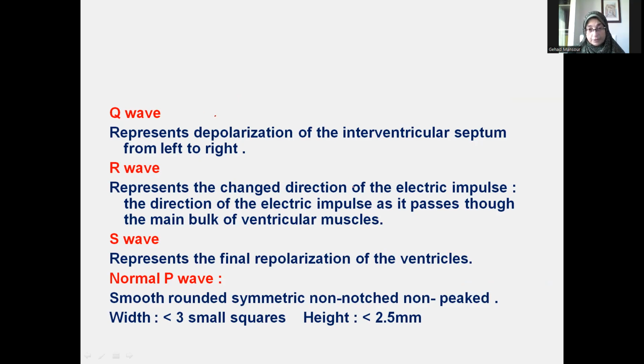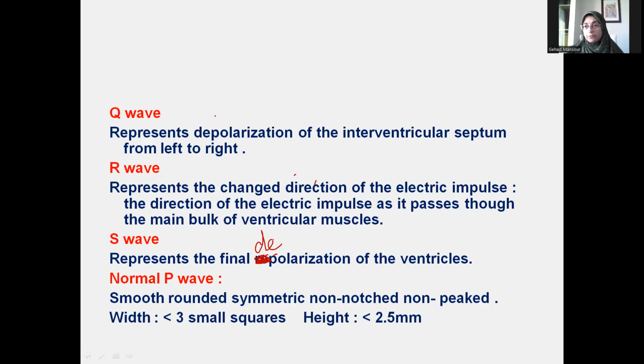And then the S wave, and as we said before, the S wave represents the final depolarization of the ventricle. So you first depolarize the septum, and then you depolarize the ventricles, and then a final small wave of depolarization is the S wave.